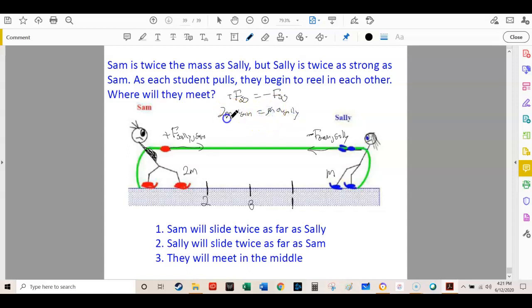Well, those masses are going to drop out, and you're going to divide both sides by 2. So what is this saying? I divide both sides by 2. The acceleration of Sally divided by 2 is equal to the acceleration of Sam.